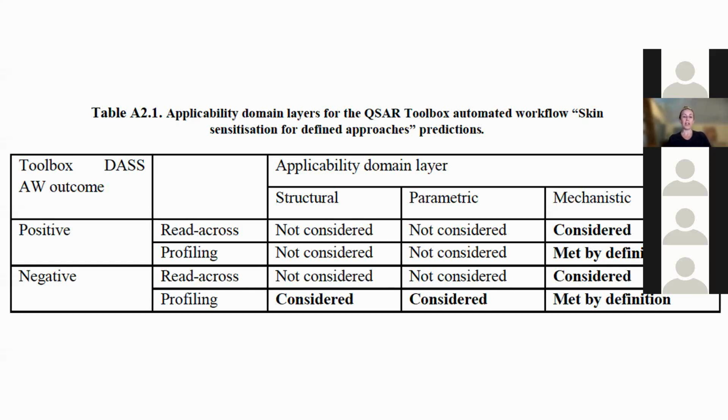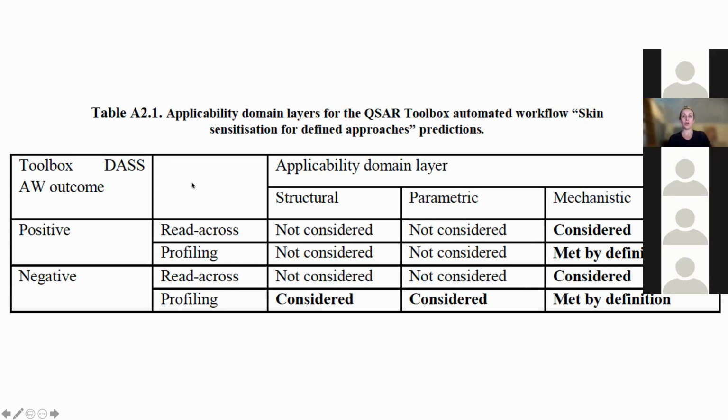The parametric layer is dependent on 4 physicochemical properties, and then the mechanistic layer is determined by the predicted capability of a substance to interact with skin proteins without or after abiotic activation being taken into consideration. And again, for both of these information sources, many more details are contained in Annex 2 of Guideline 497.